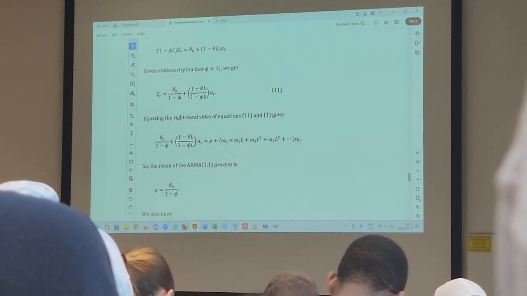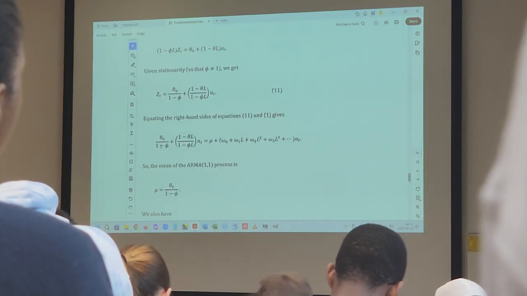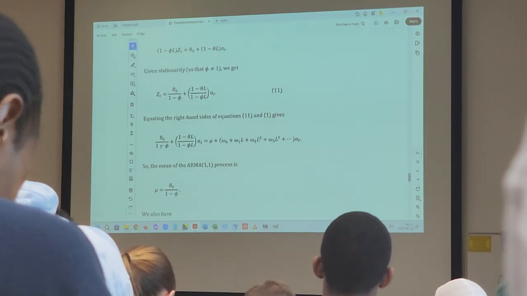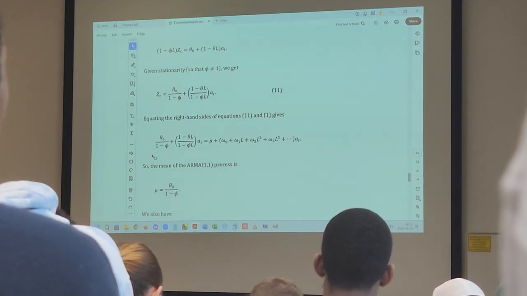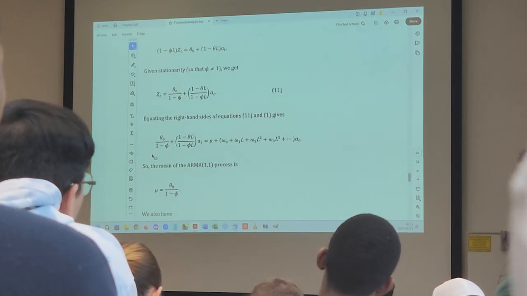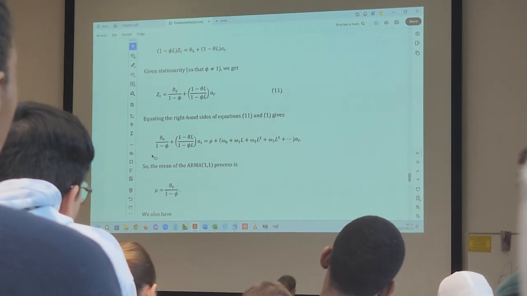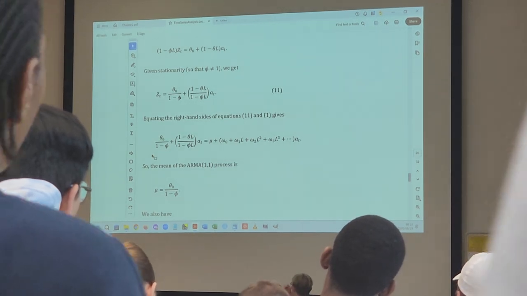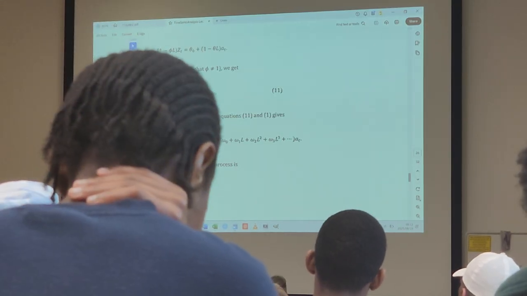The mean is the same as for the AR(1), because when there are autoregressive components in your ARMA model, like AR(1), AR(2), ARMA(1,1), the mean is not dependent on the thetas for the lagged white noise terms; it does depend on the intercept and the autoregressive parameter.